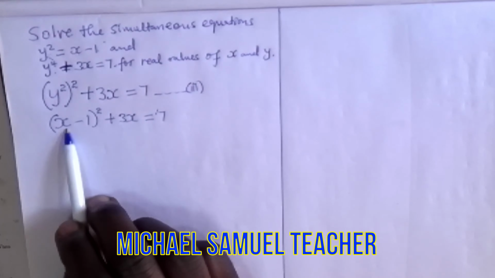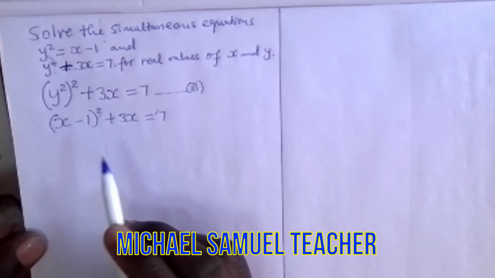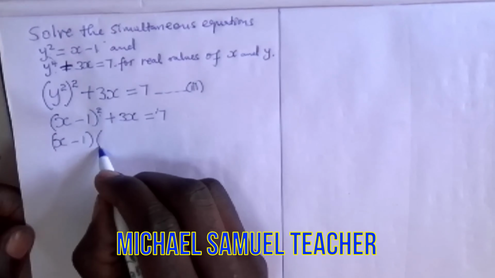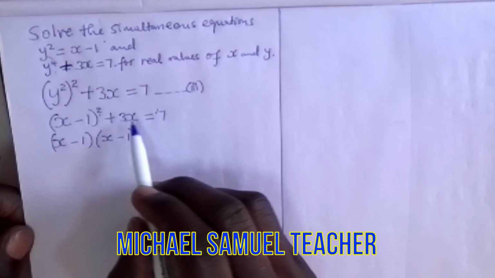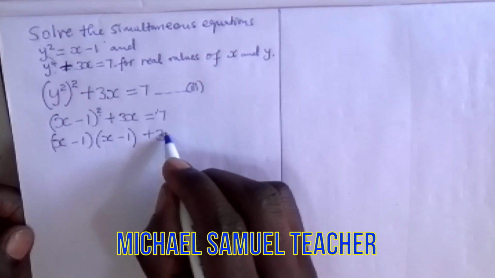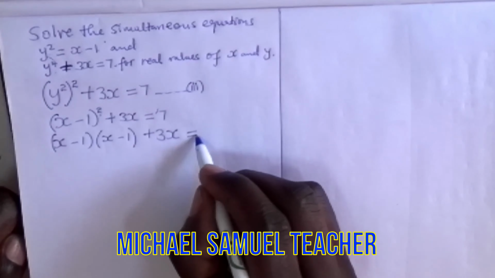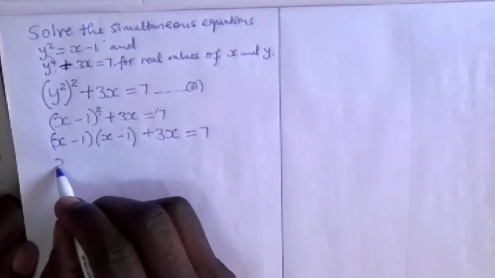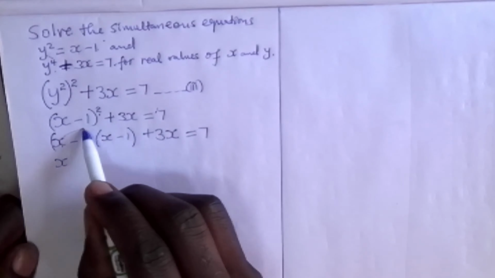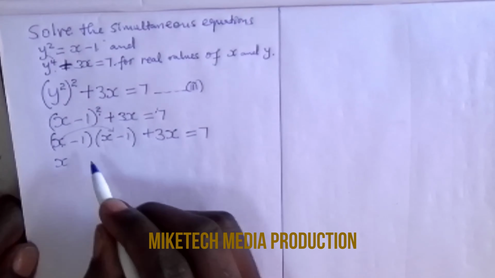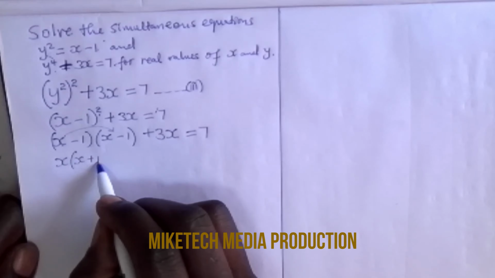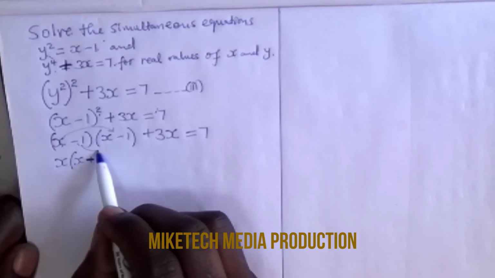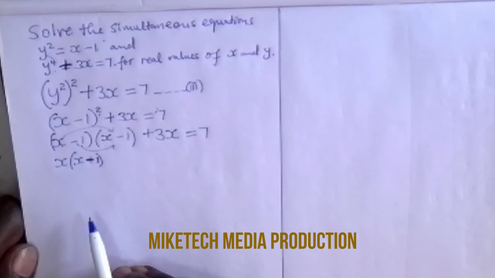We can expand (x minus 1) squared, which is (x minus 1) multiplied by (x minus 1), then plus 3x is equal to 7. For this one, x multiplies the elements in the second bracket, so x times x, then x times minus 1, then minus 1 multiplied by the second bracket.